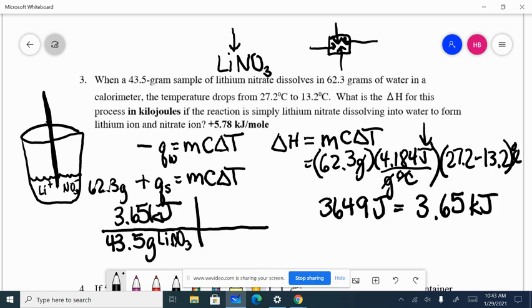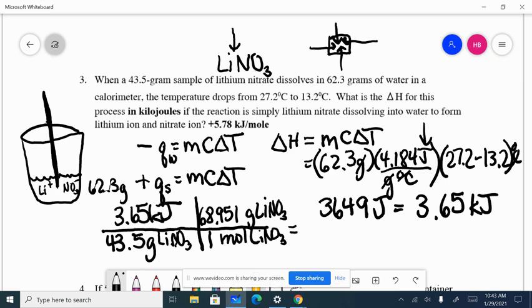If we want a more general form, we'll change grams of lithium nitrate to moles of lithium nitrate. And the molar mass of lithium nitrate you'll add up off the periodic table of the elements, which is 1 lithium, 1 nitrogen, and 3 oxygens, and I'll get 68.951.